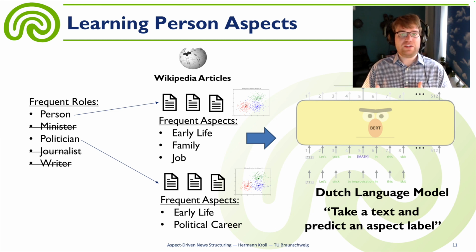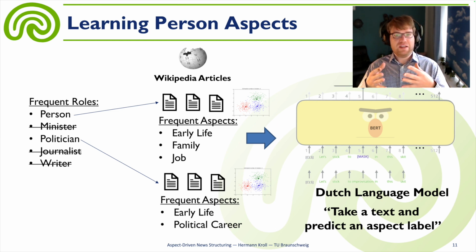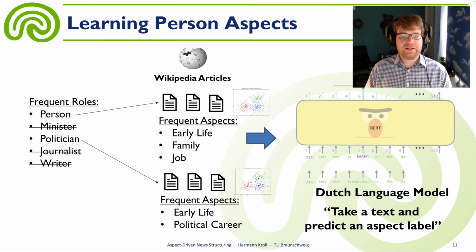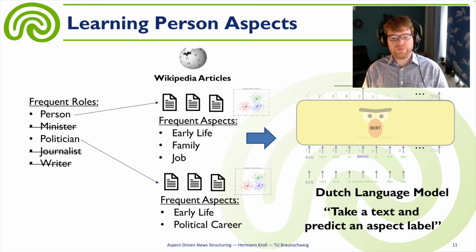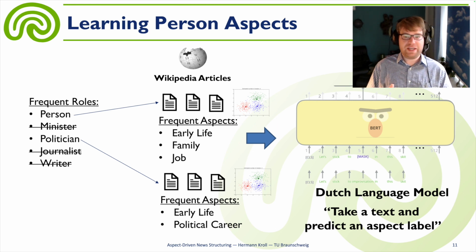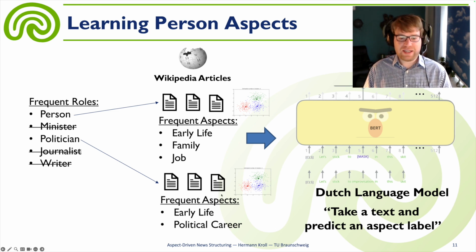So what different sections do users define and write about? We use these section titles to derive suitable aspects. You may be aware that section titles are written by hand and are sometimes not very canonicalized. For example, younger years or early life are quite similar, but different section titles, and to canonicalize them, we apply some clustering.